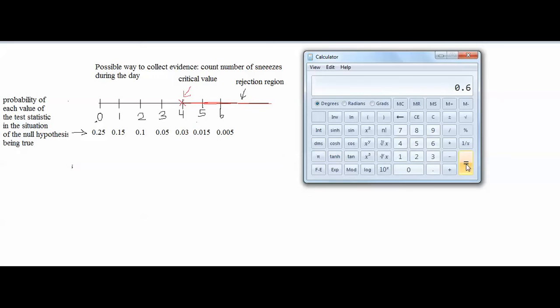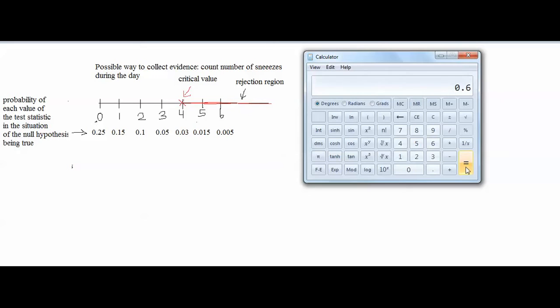So it looks like these have added up to 0.6. Let me try that one more time. 0.25 plus 0.15 plus 0.1 plus 0.05 plus 0.03 plus 0.015 plus 0.005.